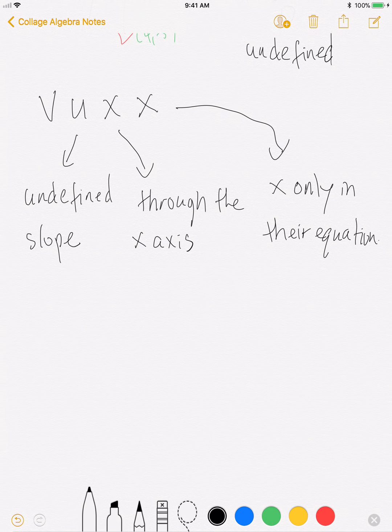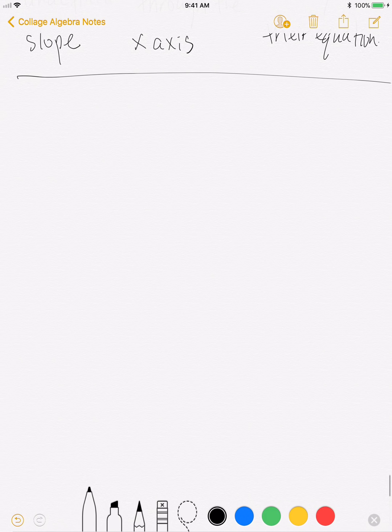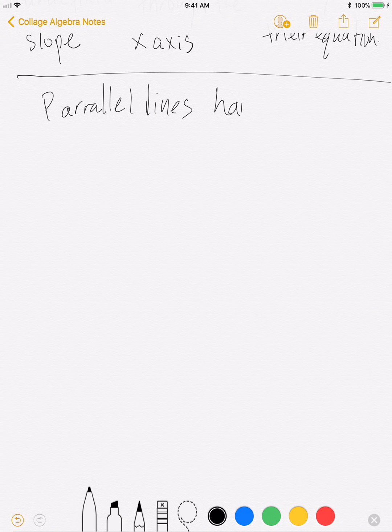Along with your vertical lines and your horizontal lines, we have two special kinds of relationships between lines: parallel lines and perpendicular lines. Parallel lines are lines that have the same slope. Remember, the slope determines if the graph's increasing or decreasing, and how quickly.